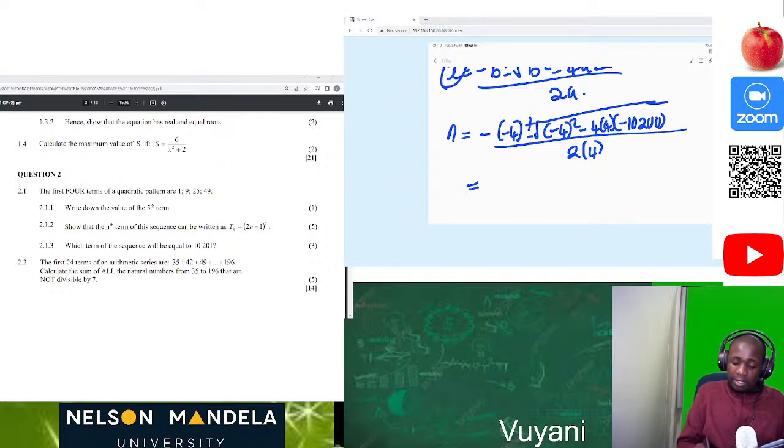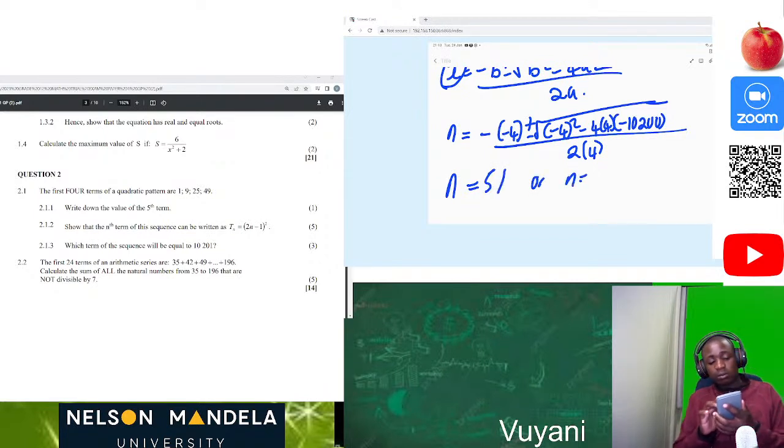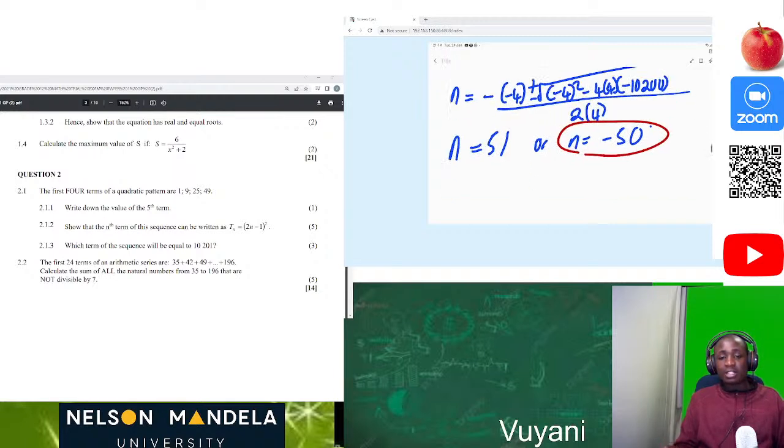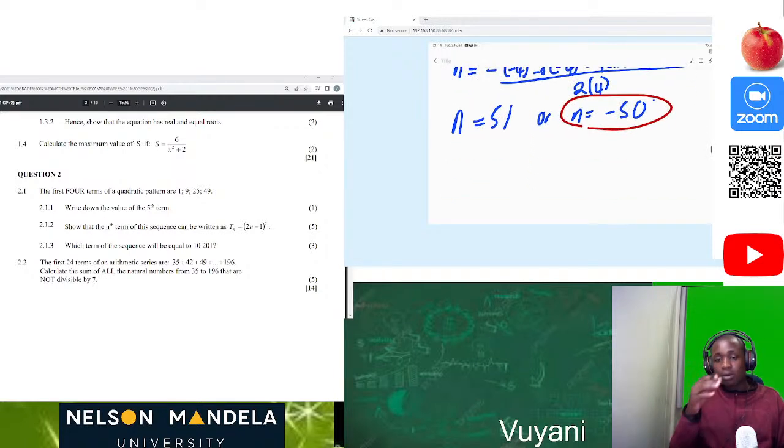So I have n is equal to 51 or n is equal to negative 50. Of course, we can never say n is equal to negative 50 because it's supposed to be a natural positive number. So definitely our n will be equal to 51.